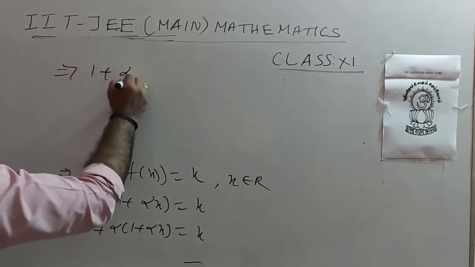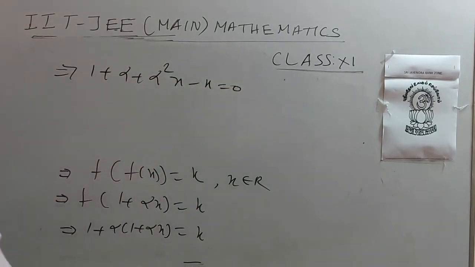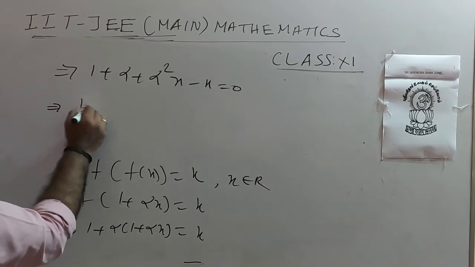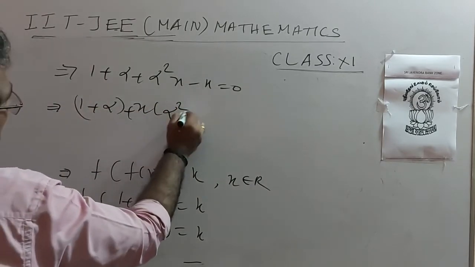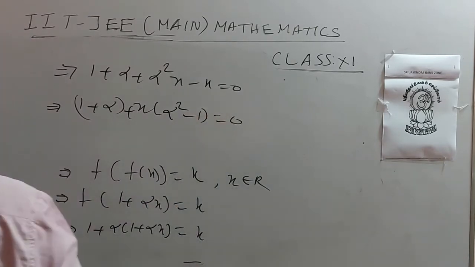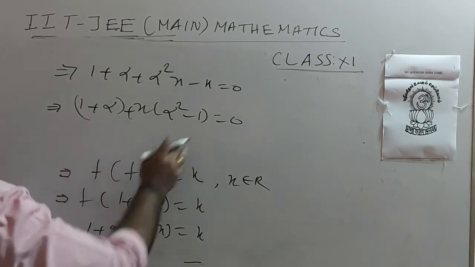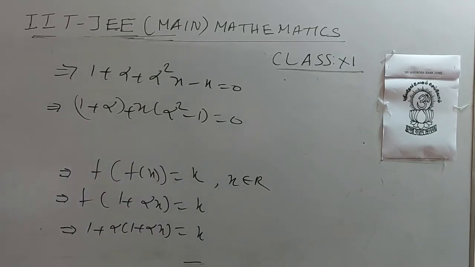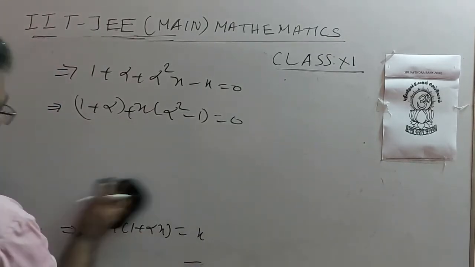So (1 plus alpha squared) x minus x equals 0, that is, (1 plus alpha) plus x into (alpha squared minus 1) equals 0. It is obvious that x is not equal to 0.